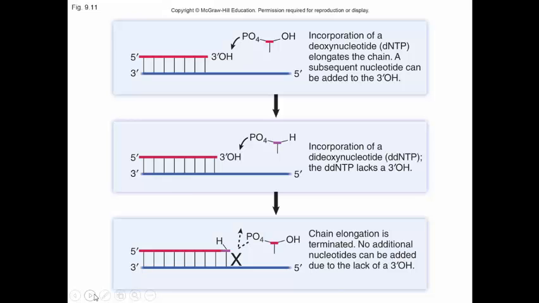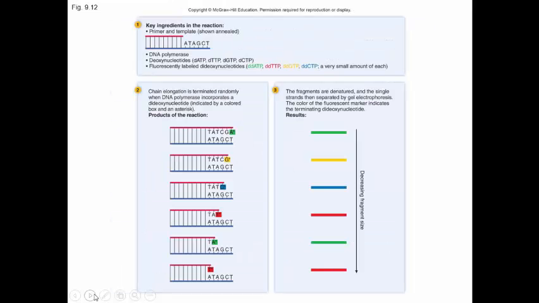But with just A's, you can also do it with the C's, the G's, and the T's. And therefore, you create this large array, as you see here, and you're able to tell, in decreasing fragment size, what the actual sequence is. Now, originally, this was a process with four tubes.